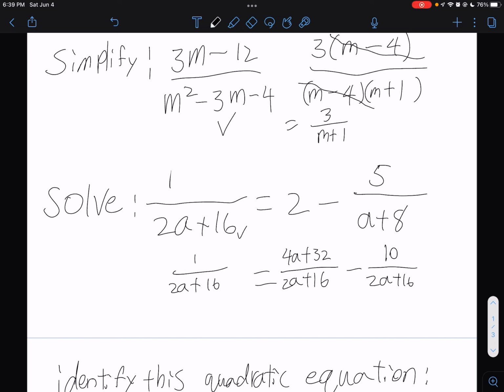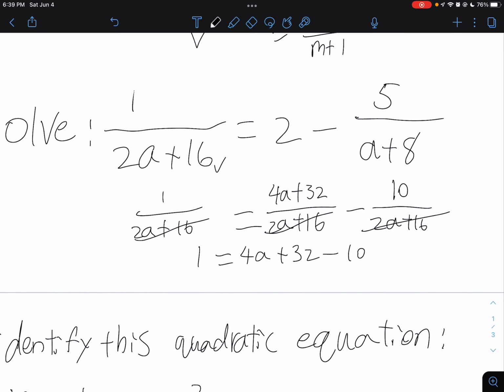Okay, so we can cancel the denominators now from both sides, which gives us 1 equals 4a plus 32 minus 10, and we can see that 32 minus 10 equals 22.